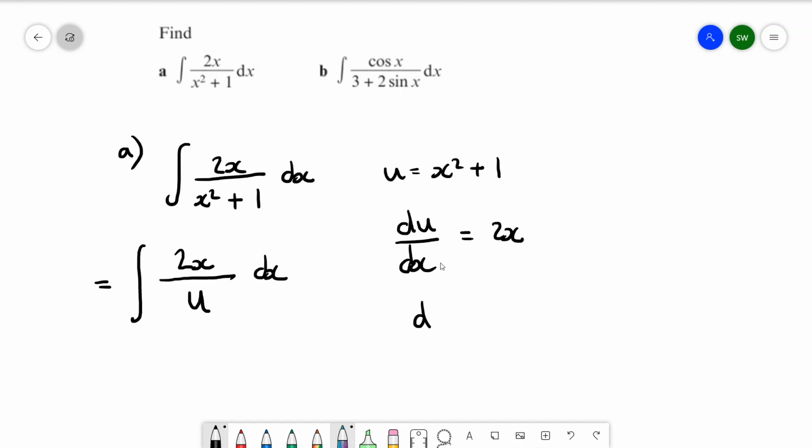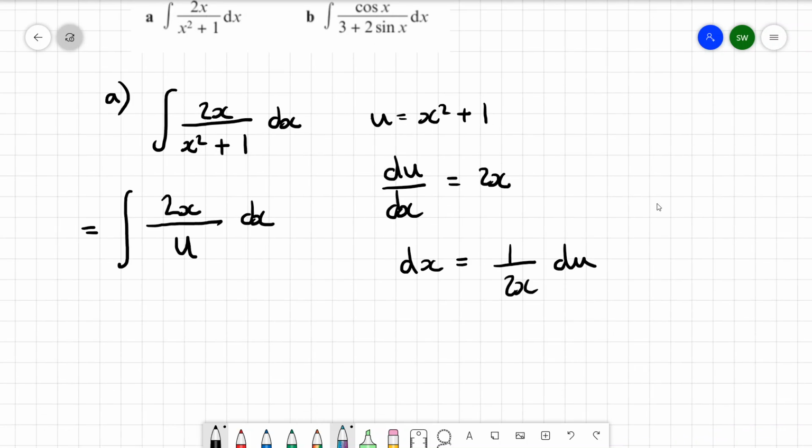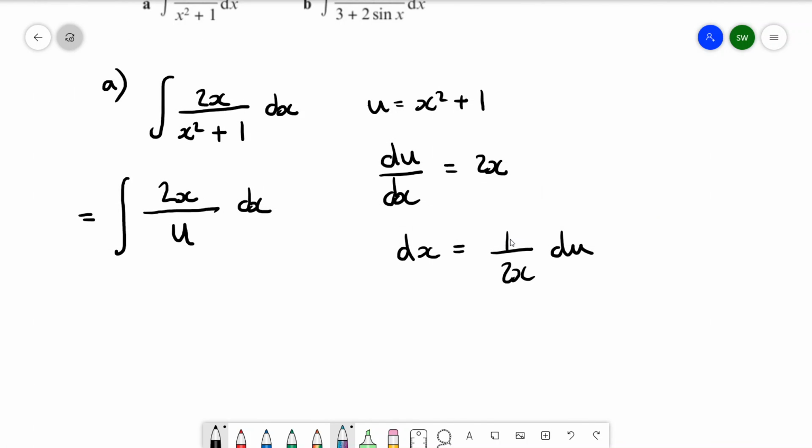And if we rearrange this to get dx on its own, we're going to get dx is 1 over 2x du. And the key thing to realise here is that we've got 1 over the derivative of u, because the derivative of u is 2x. So what we're doing is we're effectively dividing by the derivative of u, dividing by 2x.